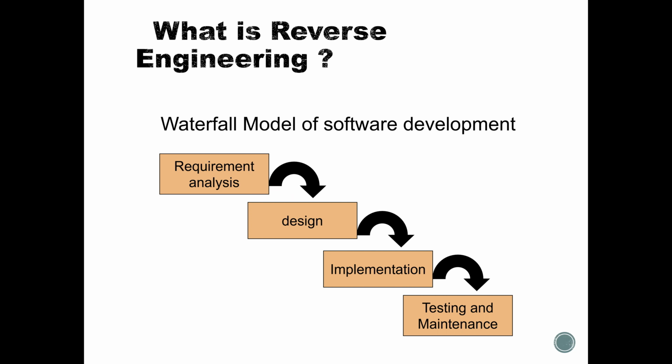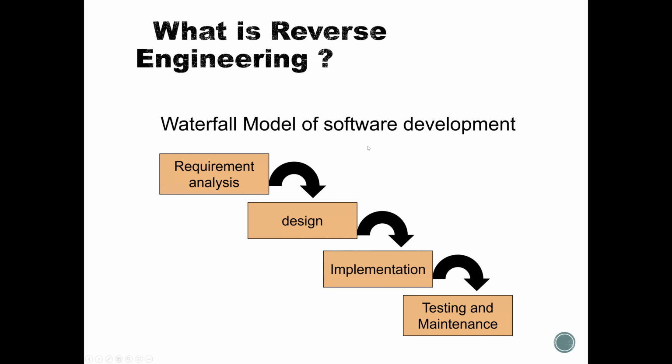In the next phase, we implement using some programming language. We start coding, and once we have written the code for the entire software, we perform the testing. In this testing, we check the quality of the product which we have designed. Of course, the next phase is operation and maintenance, in which once the product has been delivered, if there is any fault reported by the customer, we try to fix those things in maintenance.